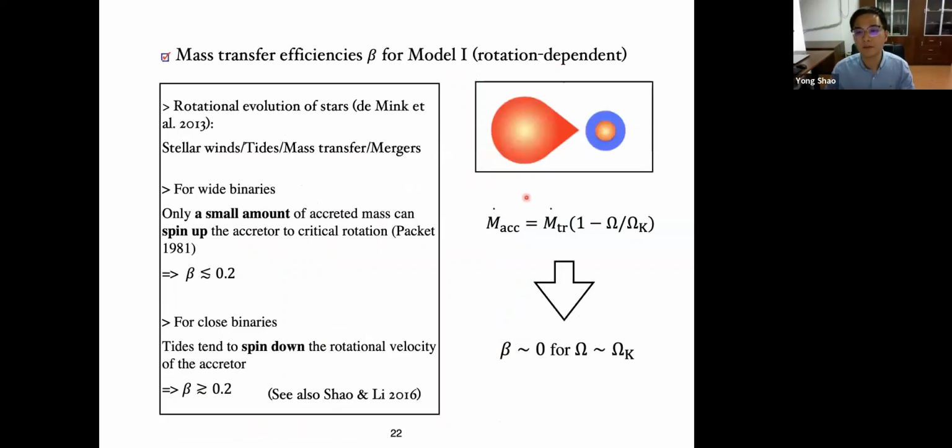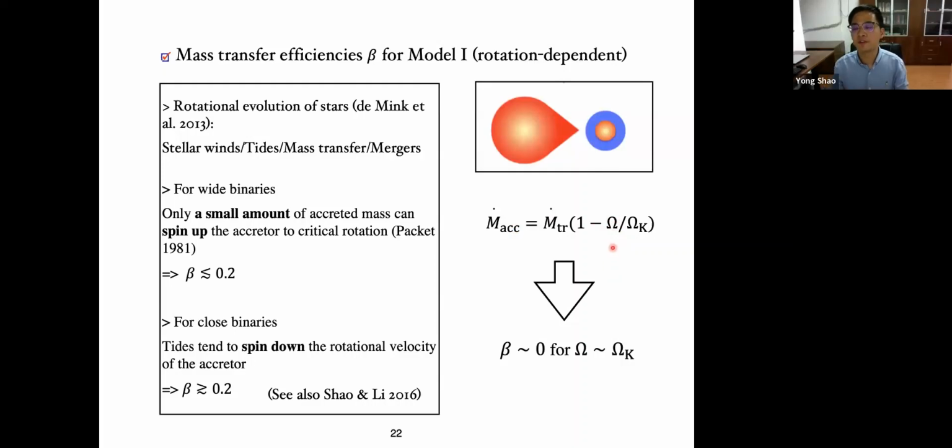So we can see here, we use this equation to deal with the mass accretion of the accretor. The accretion of the accretor is rotation dependent, on the angular velocity of the accretor, here the omega.